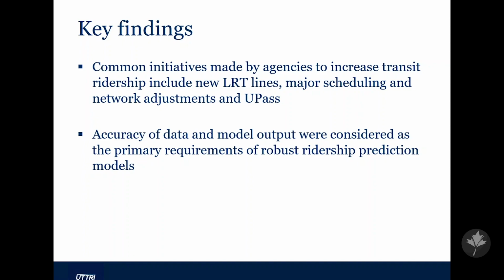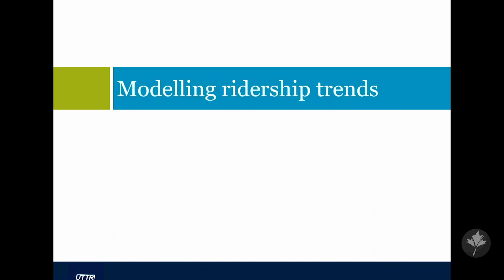That was expressed by many transit agencies as something to be taken into consideration while developing models: that models should be based on highly reliable data, and should be simple enough to understand. And those are things that we took into consideration when we built our models.